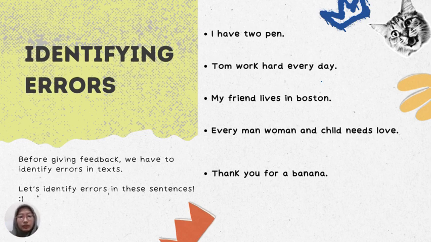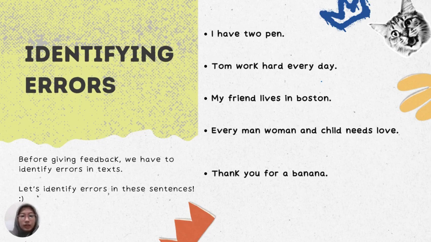And then we have every man, woman, and child needs love. Can you spot the error? In this sentence, you have to give the punctuation. What kind of punctuation? It's commas.